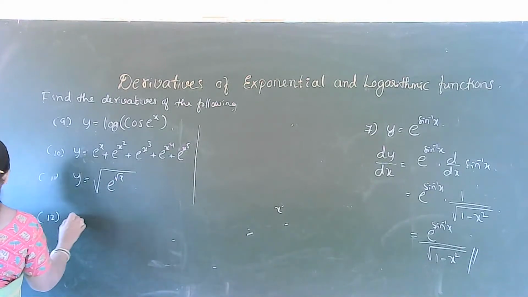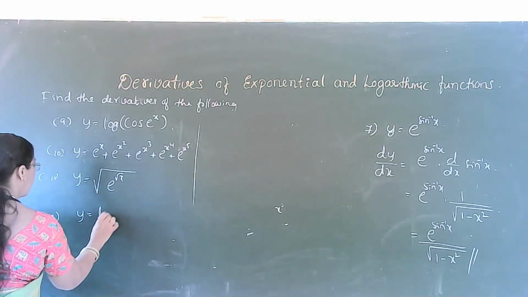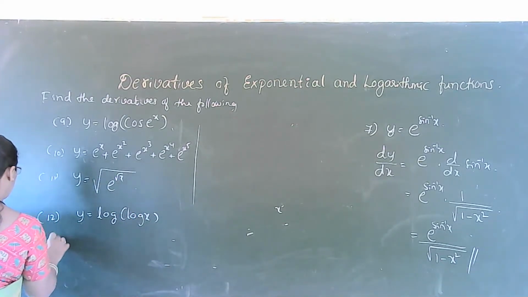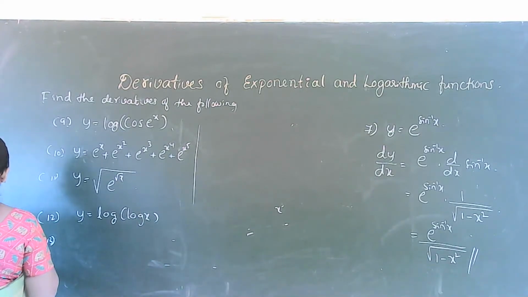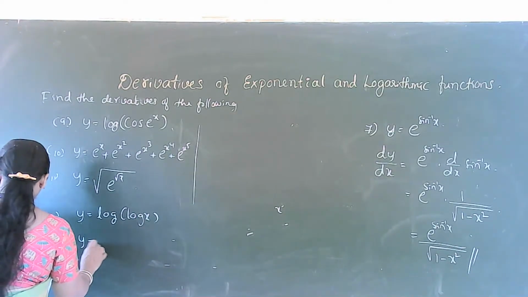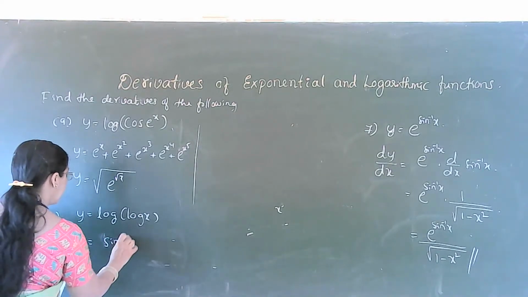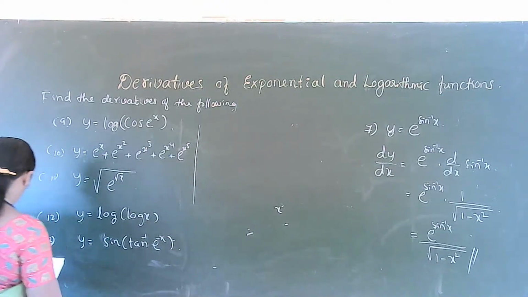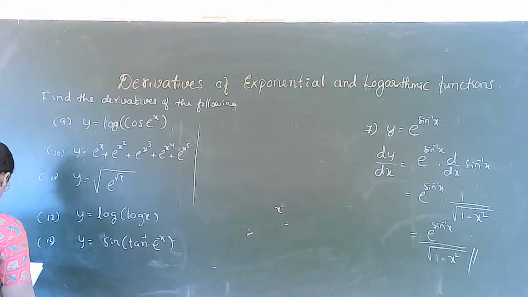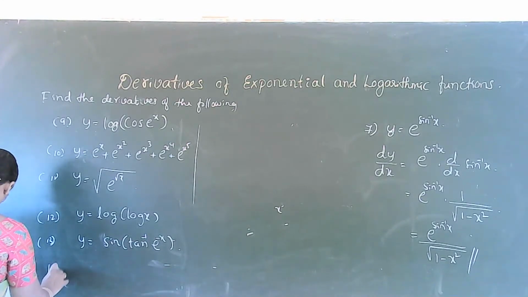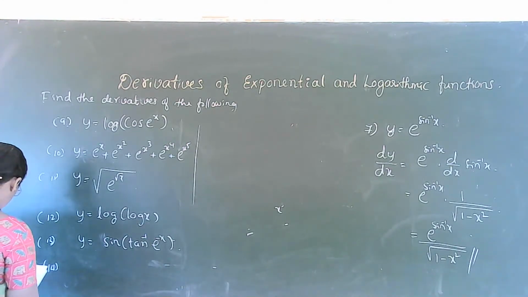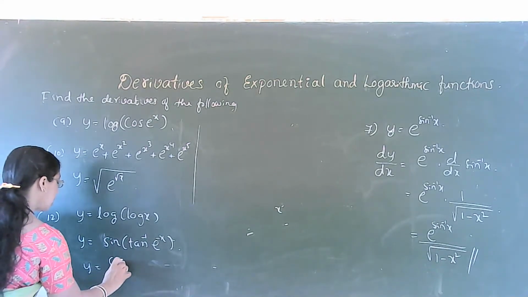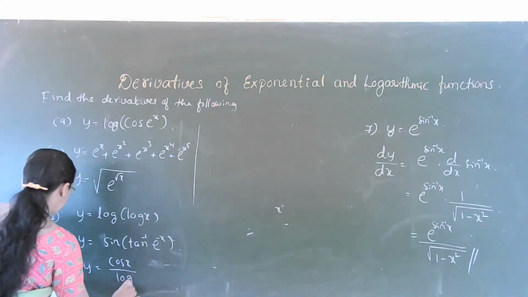Then 12th one, y is equal to log of log x. 13, y is equal to sin of tan inverse e to the power minus x. 14, y is equal to cos x divided by log x.